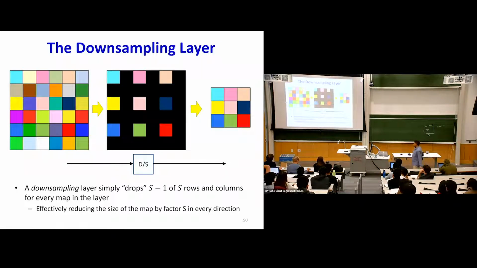In a downsampling layer, if I'm downsampling by S, I'm going to drop S minus 1 rows of every S rows and S minus 1 columns of every S columns. So if I were to be downsampling this by a factor of 2, this is the equivalent of saying that I'm setting every second column to 0 and every second row to 0, and then I'm throwing them away. So this is what downsampling will do.